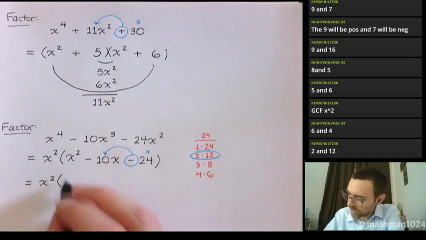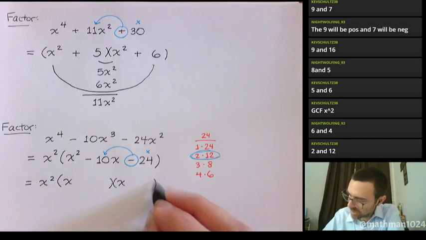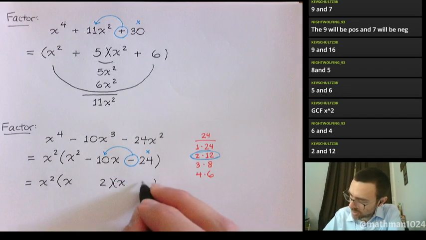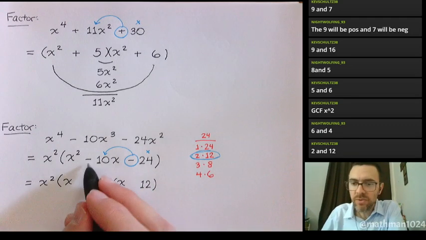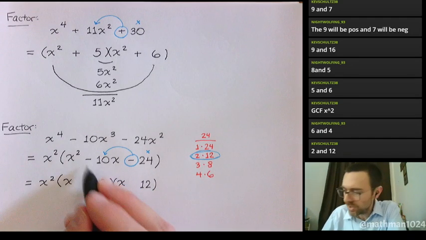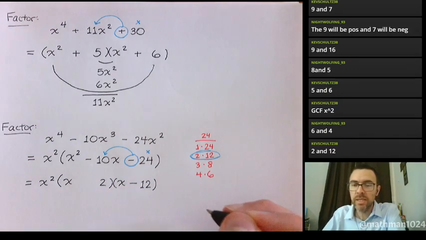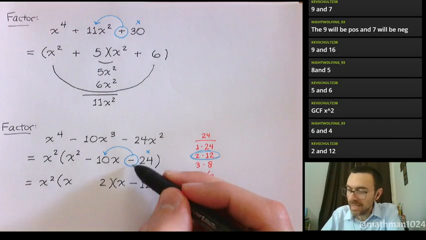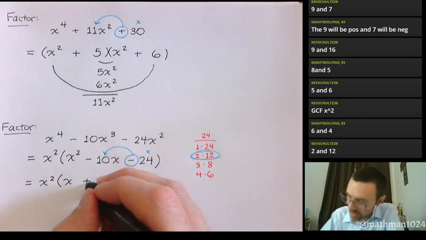So this is x squared. It's going to break down as x times x. I'm going to use a 2 and a 12. And as we mentioned earlier, the sign of the middle term is going to be the same sign used for the larger of these two numbers. So this has to be a minus. And in order for us to multiply to get a negative at the end, that's using a negative times a positive.